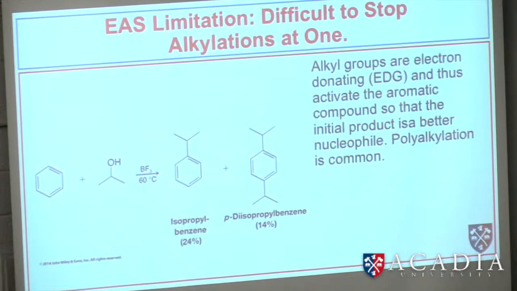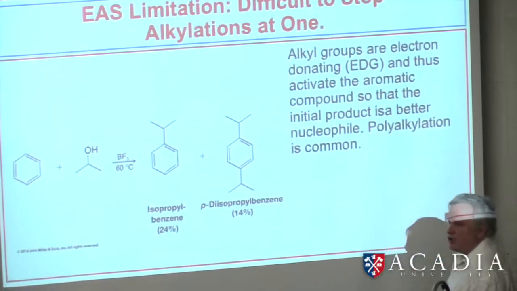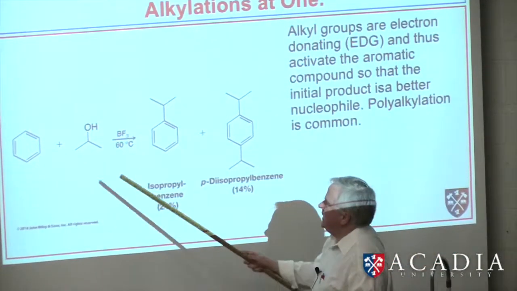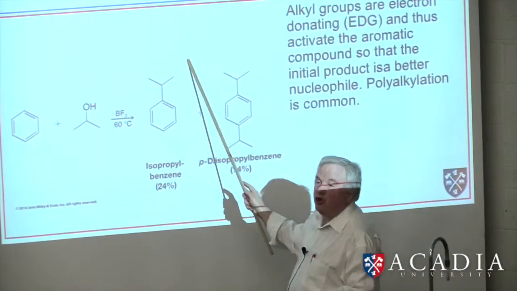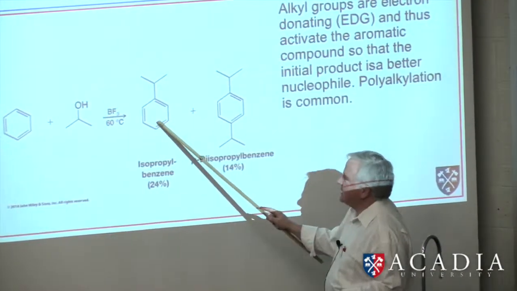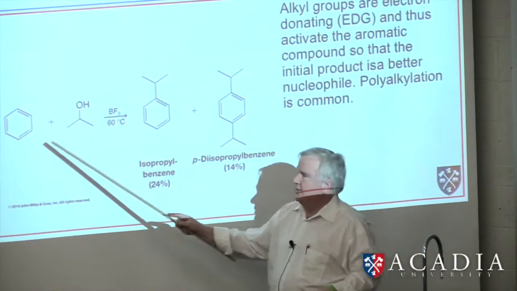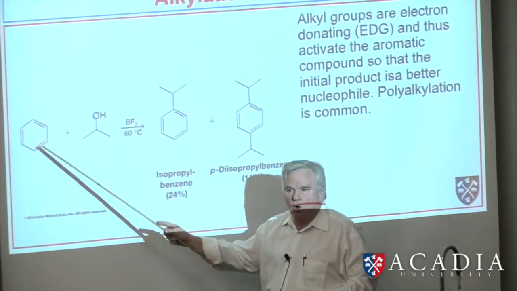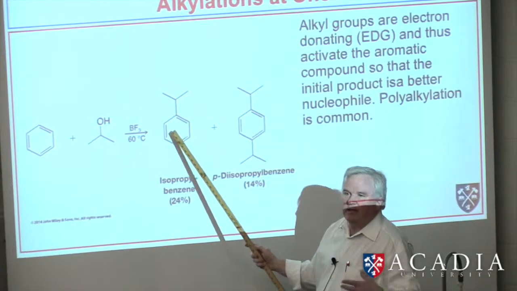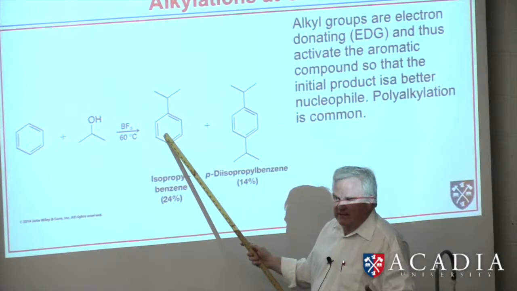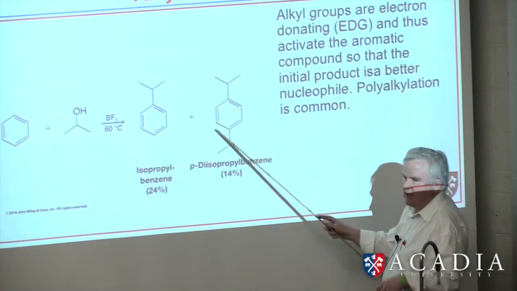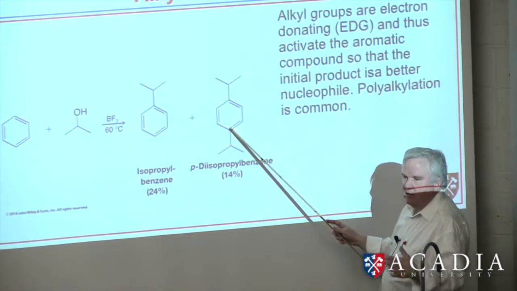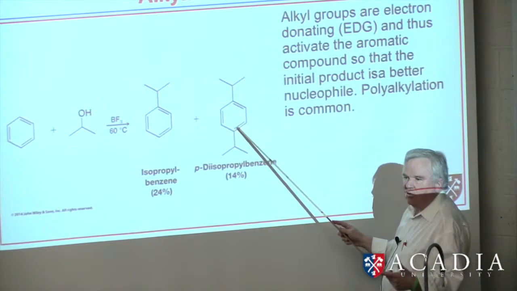It's difficult to stop Friedel-Crafts alkylations at one. Once we do the first alkylation, now we've put an electron donating group there. This is actually a better nucleophile than this is, okay? So initially we'll make this, but at some point the concentration of this gets significant and it's a better nucleophile. We start getting this as a byproduct, the second alkylation reaction.